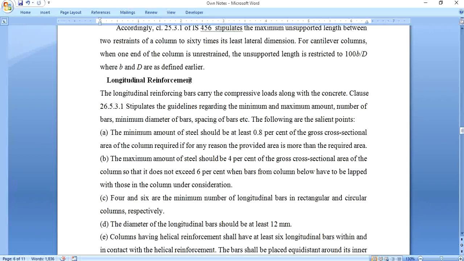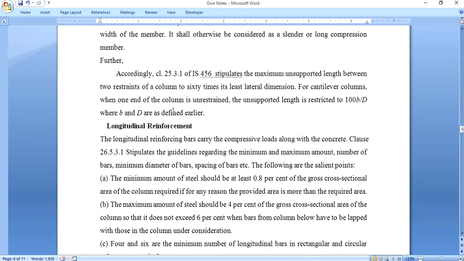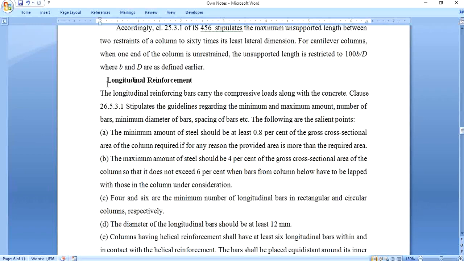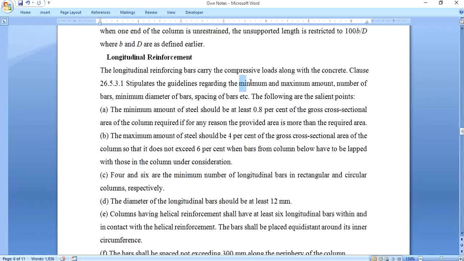So in the previous session we studied the IS code provisions for design of columns. In that we studied longitudinal reinforcement, the minimum and maximum amount of reinforcement. Minimum is 0.8% of cross sectional area, maximum is 4% of cross sectional area, but it should not exceed 6% when the bars are in lapping condition.